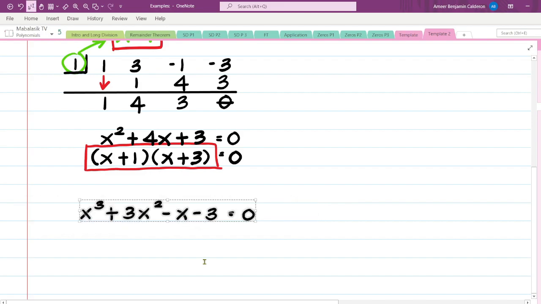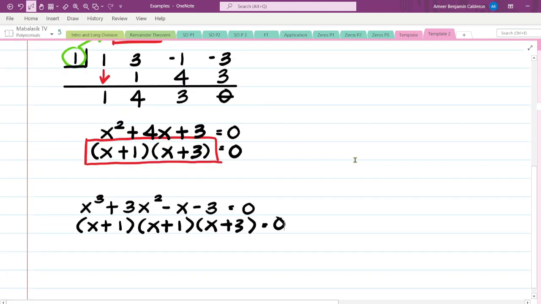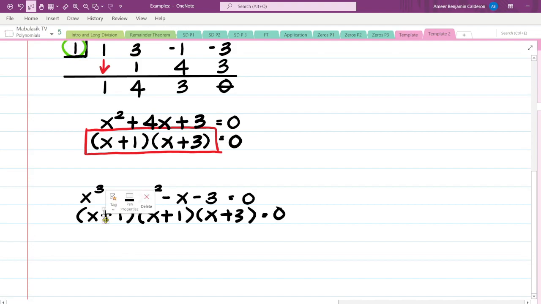So the factors are, firstly, x minus 1, second factor, x plus 1, third factor, x plus 3. The arrangement can be a different arrangement. I mistakenly wrote x plus 1 instead of x minus 1.